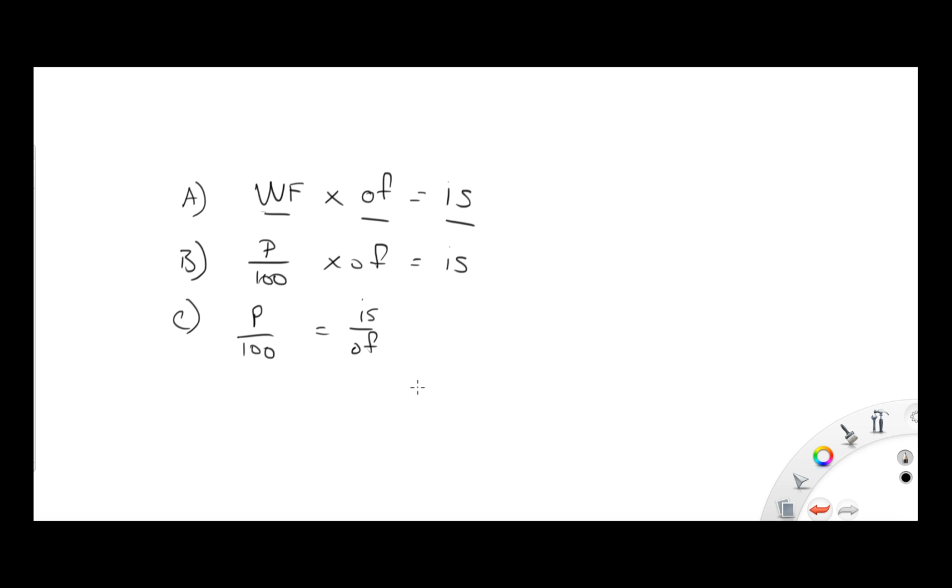So we can cross multiply essentially. And then a fourth equation deals with rate, of times of equals is. We'll see all four of these in our lessons to come. So memorizing these equations is an important thing.